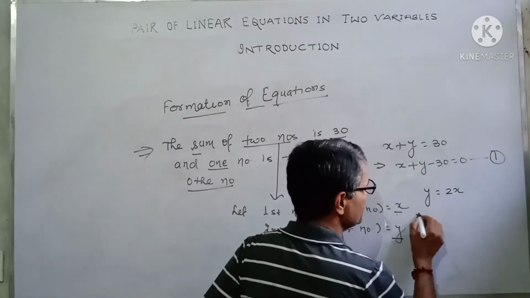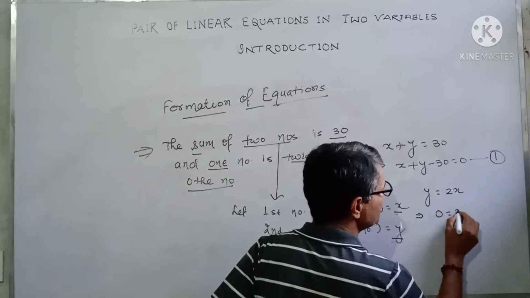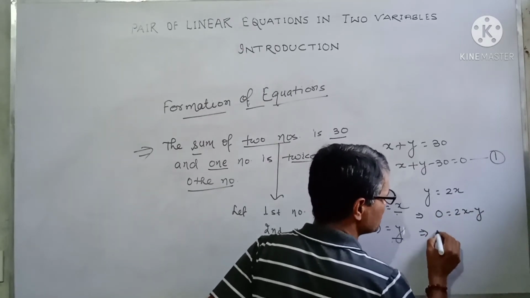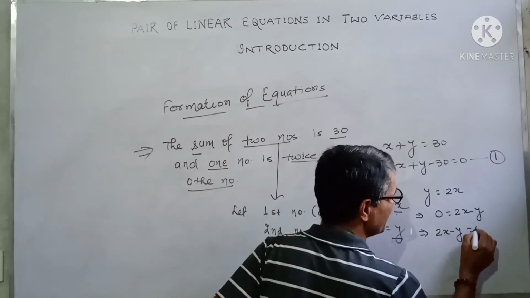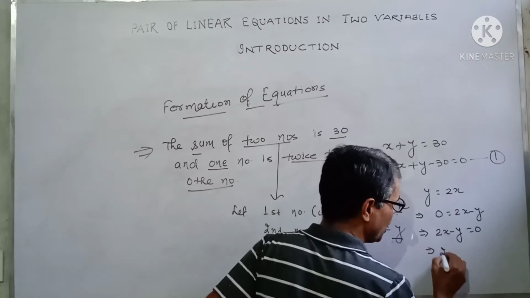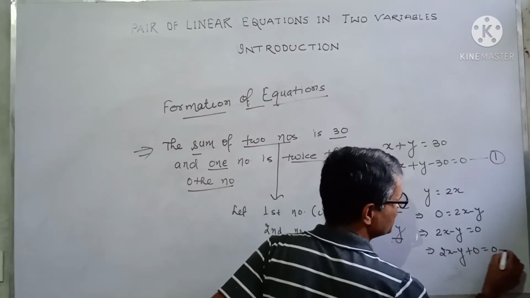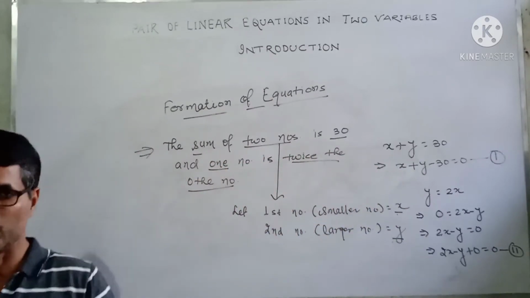This can be written as 0 is equal to 2x minus y. Otherwise, you can write 2x minus y is equal to 0, or 2x minus y plus 0 is equal to 0. This is your second equation.